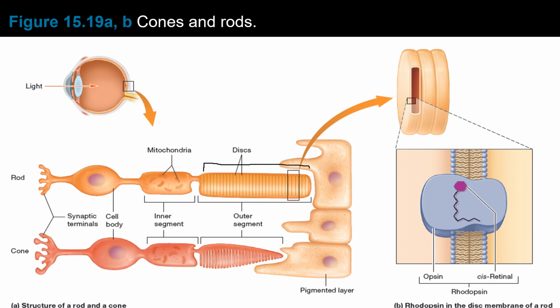So this is that exterior column that light is going to be stimulating. And then zooming in here, you see the flattened discs zoomed in. And then if we look inside the discs, that's when you're going to see rhodopsin made of the protein opsin and the cis-retinol derived from vitamin A within it.